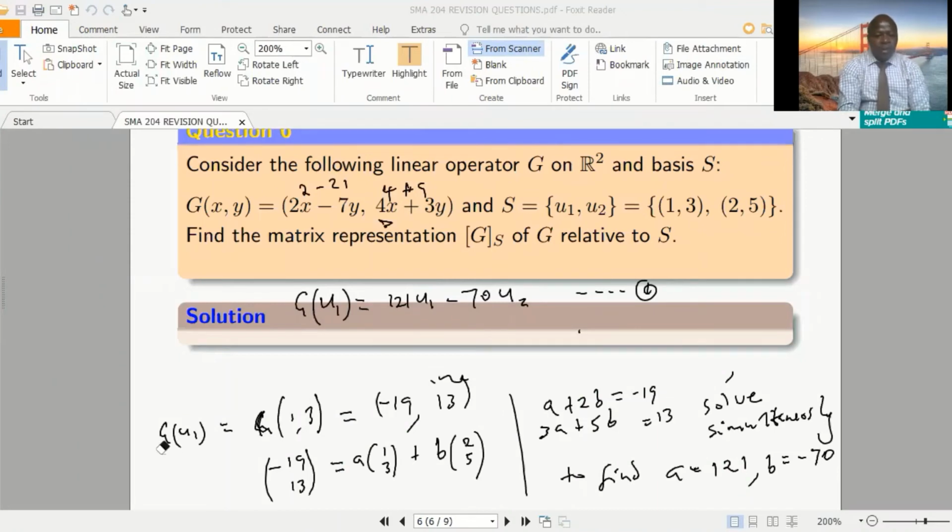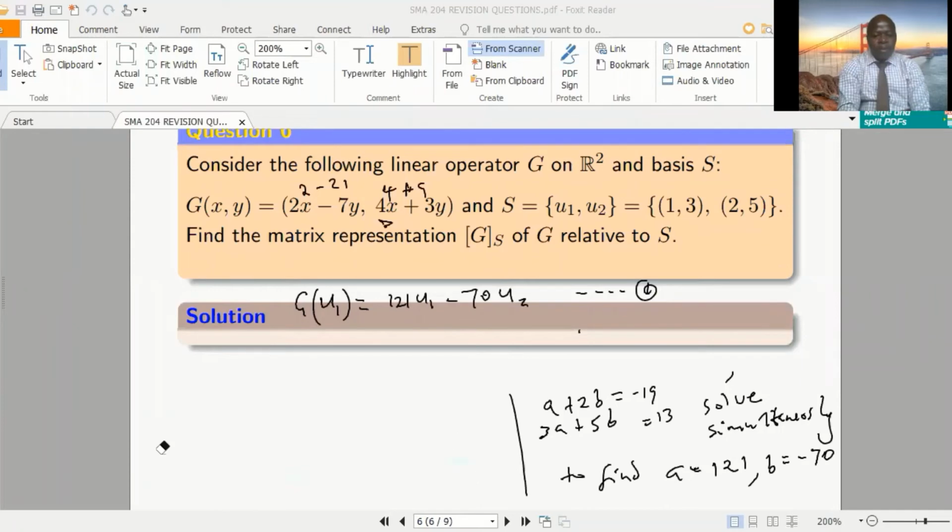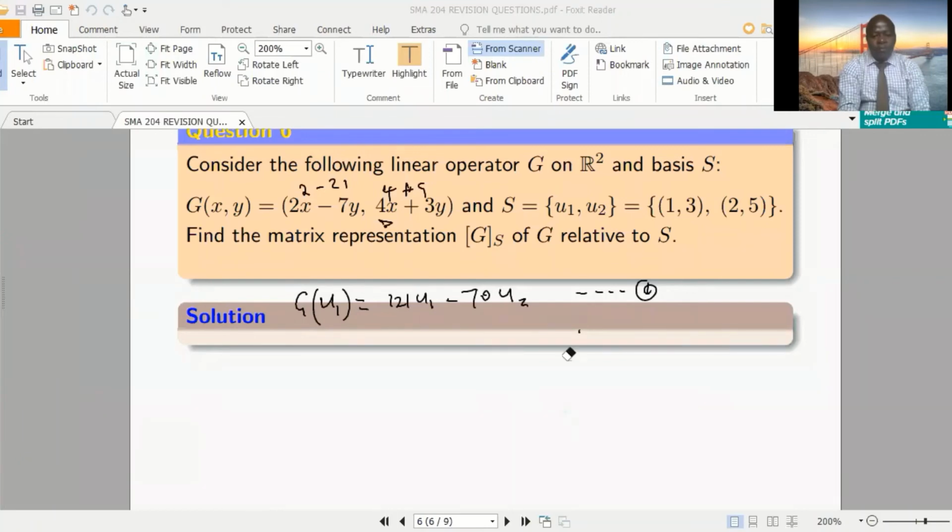Next, let's find G of U2 and write it as a linear combination of U1 and U2, and then find equation 2. What is G of U2? G of U2 is the same as G of 2, 5.